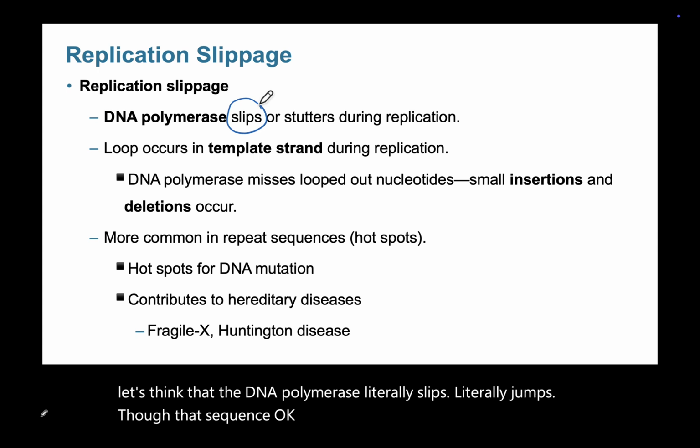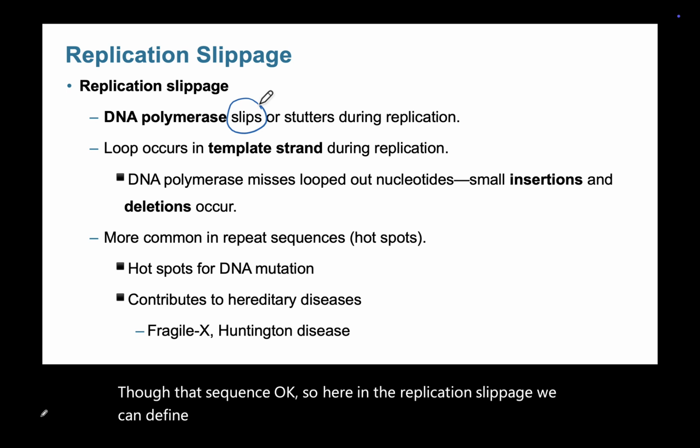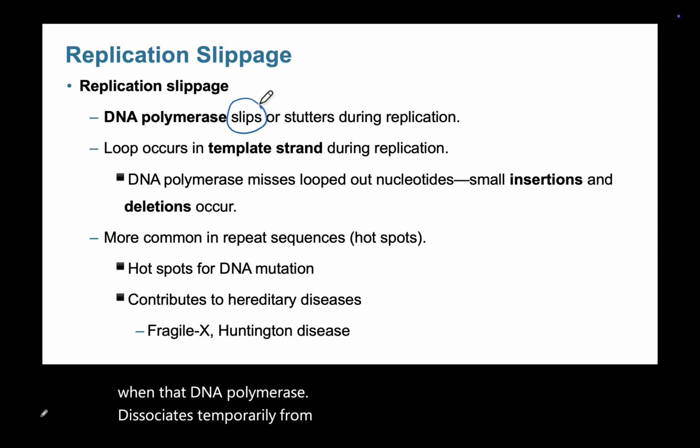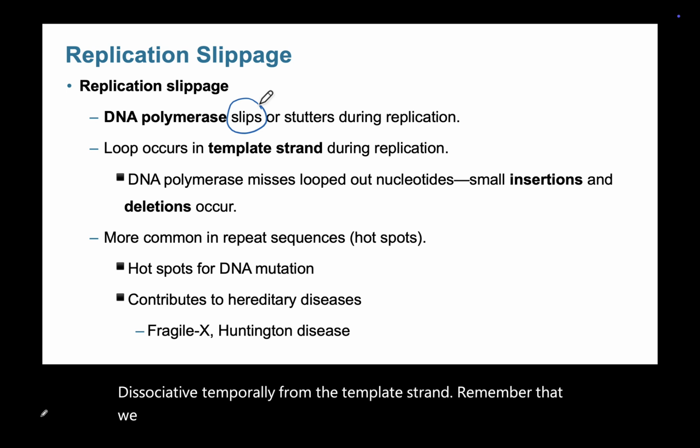So here, replication slippage can be defined as an error that will occur during the DNA replication when the DNA polymerase dissociates temporarily from the template strand. Remember that we have the lagging strand and the template strand.